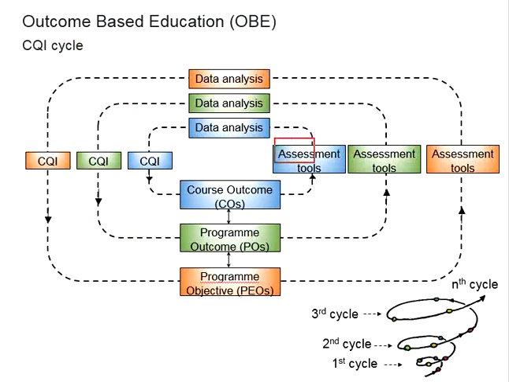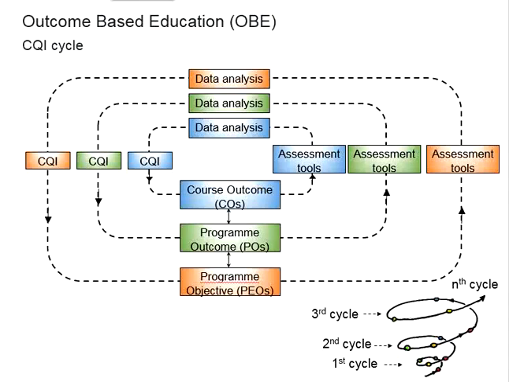There shall be a series of assessment tools that you're going to use in order to measure the attainment status of the course outcome. Based on the result from the assessment, you will analyze the data and observe the performance of the course at the course outcome level.